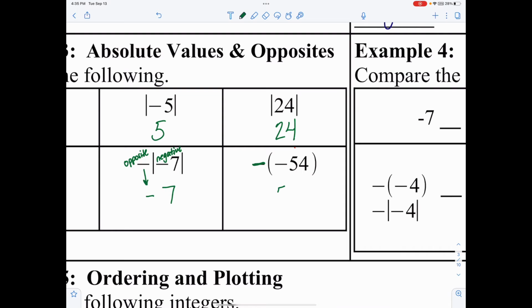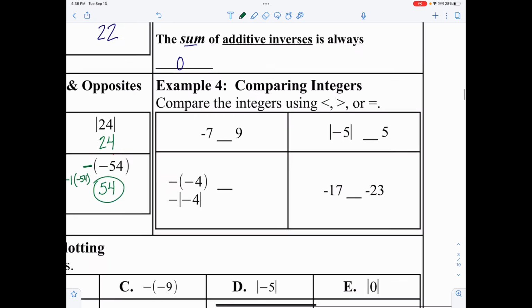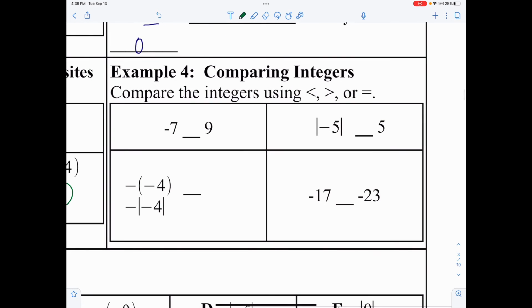The opposite of negative 54 is positive 54. Okay, so realize this also, just a little preview, this also means negative 1 times negative 54. And when we do a negative times a negative, it does equal a positive like we got.